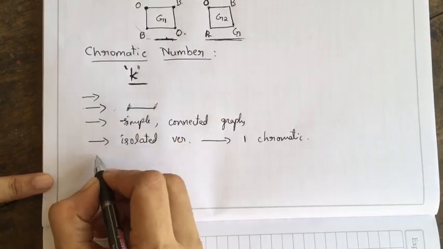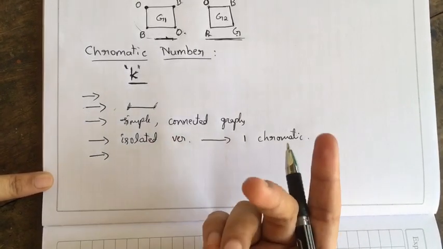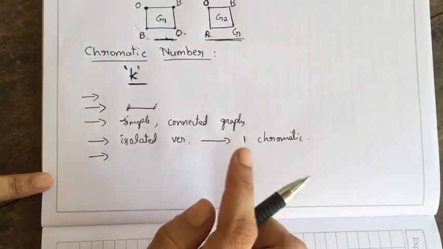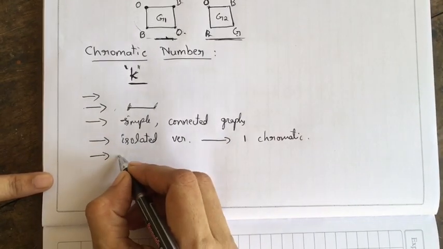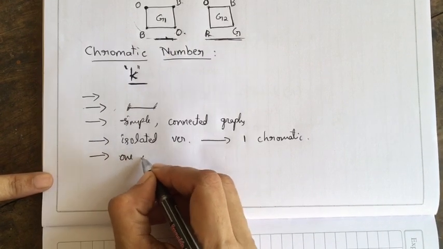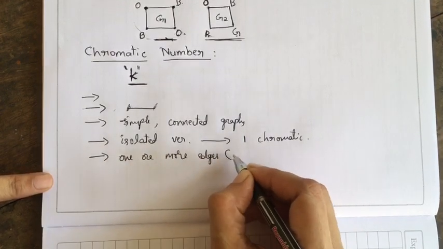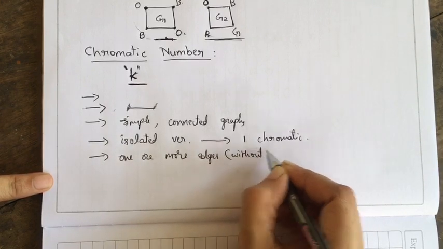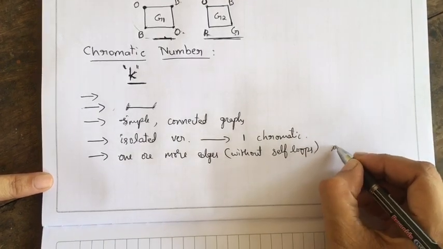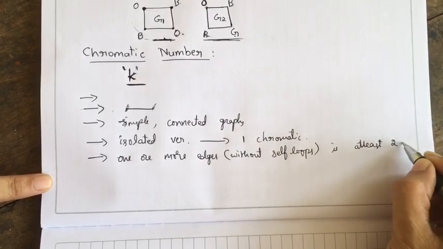And if I have a graph with one or more edges, of course without self loops, it is at least two chromatic. Remember, a graph without self loops.